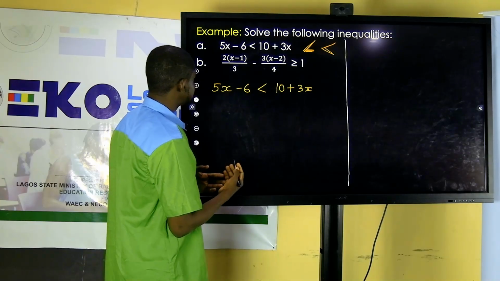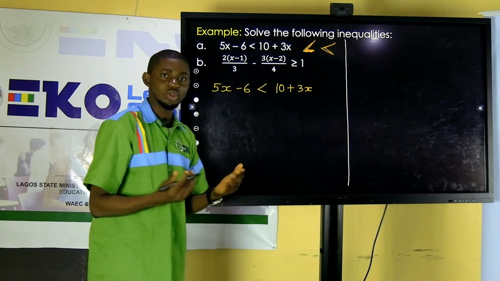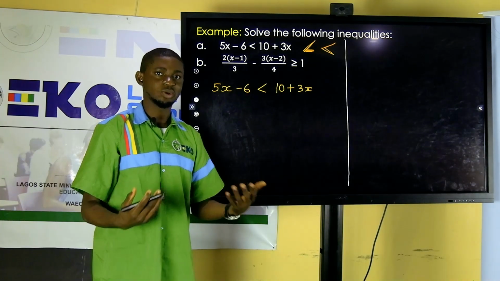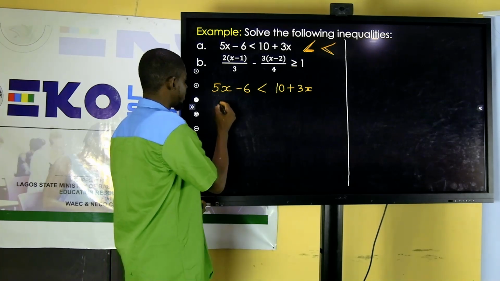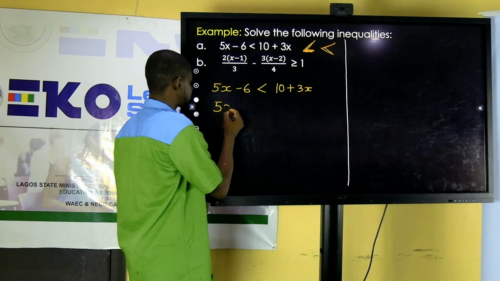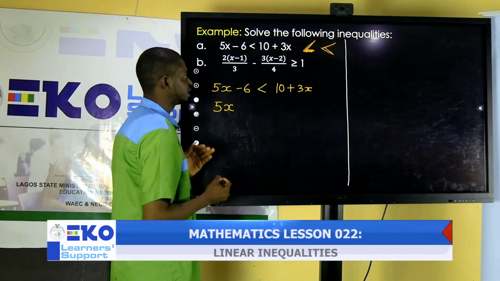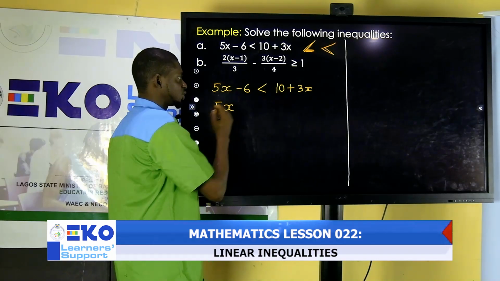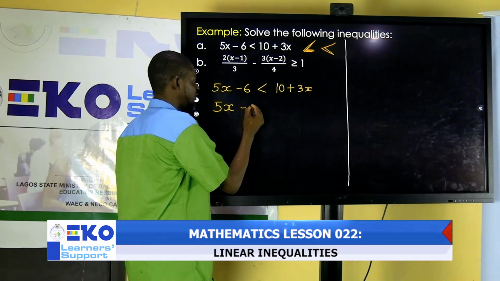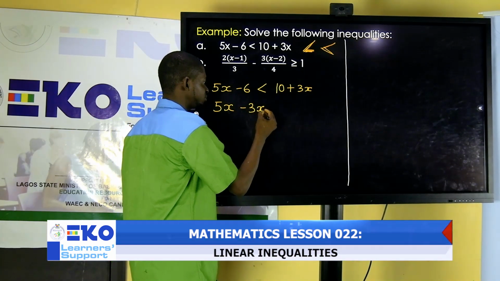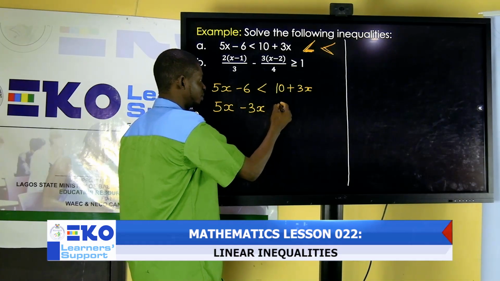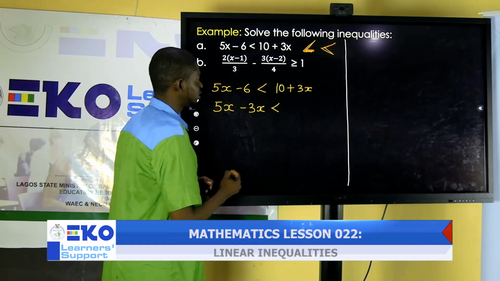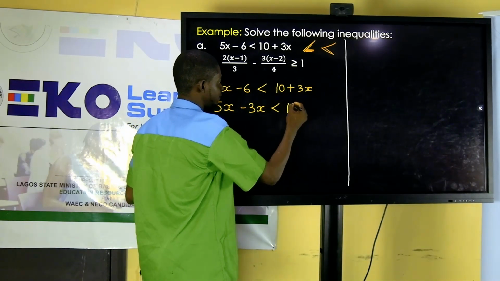So here now we have this. The very first thing or the next thing for us is to collect like terms. Let's collect like terms. That means we have 5x staying at the left hand side. Bringing this to this side becomes negative 3x, while we maintain that sign, remember, it has to open out. That's 10.